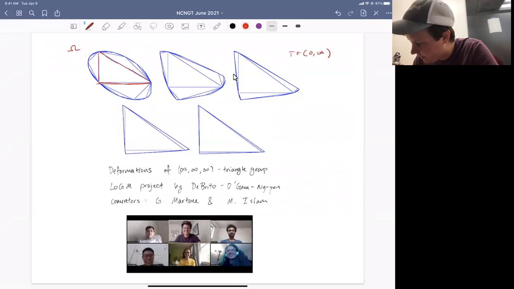These are all different omega T's. I think this is omega 1, and this one is omega 4.